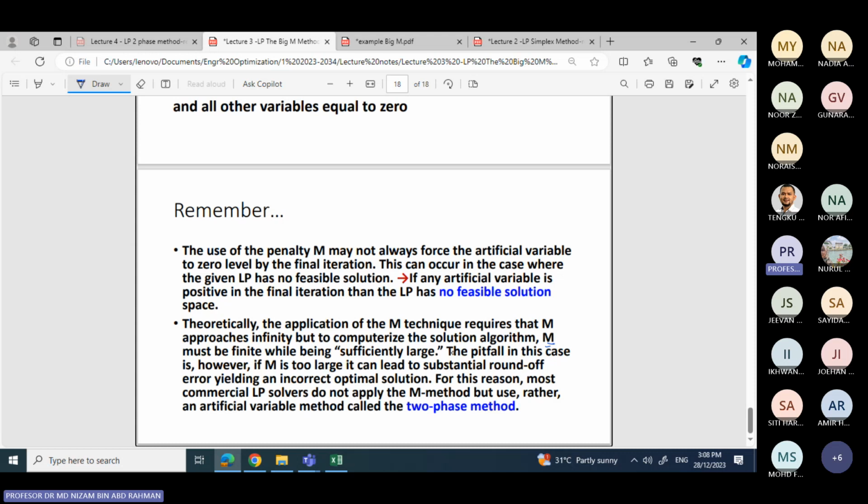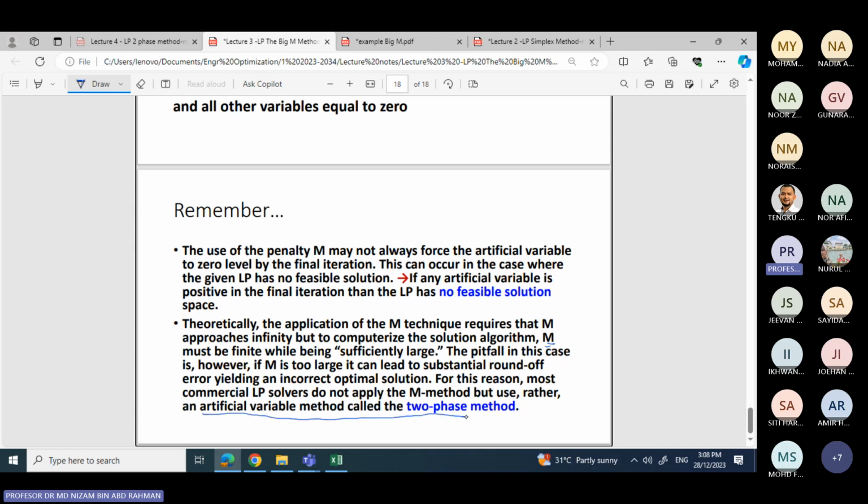But when you do that, there is a pitfall. If M is too large, it can lead to substantial round-off error, yielding an incorrect optimal solution. For this reason, most commercial linear programming solvers do not apply the big M method, but use rather another artificial variable method called the two-phase method.